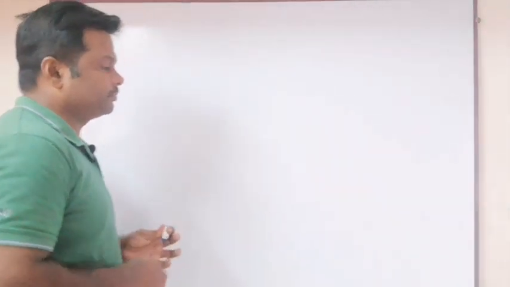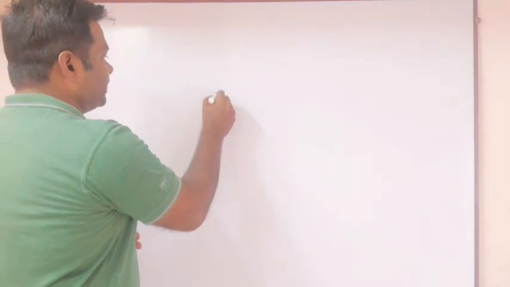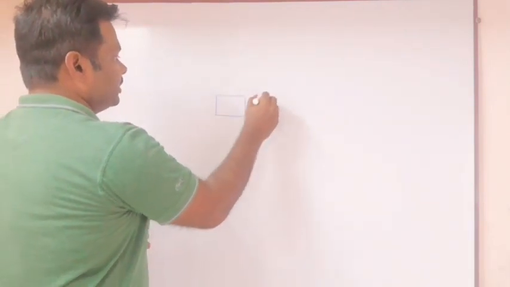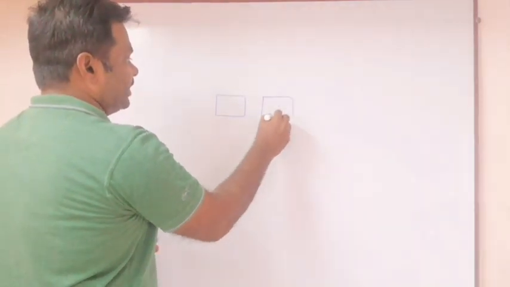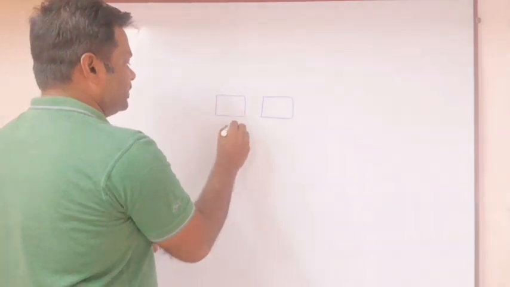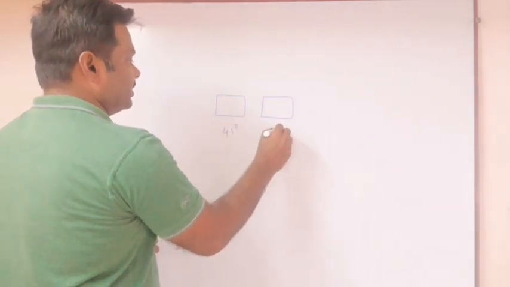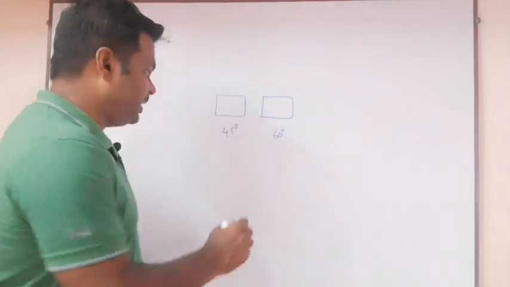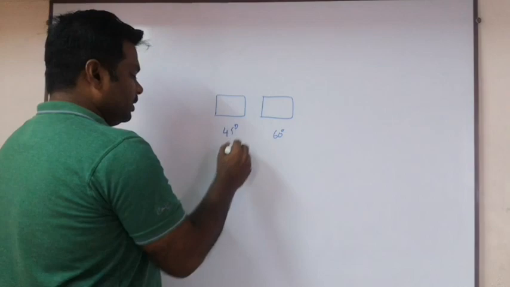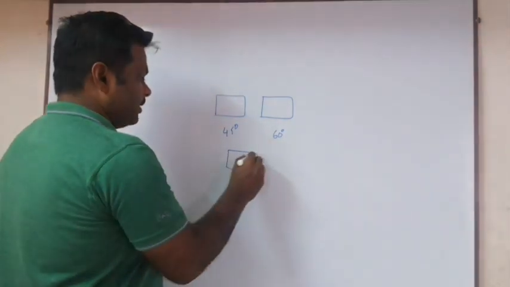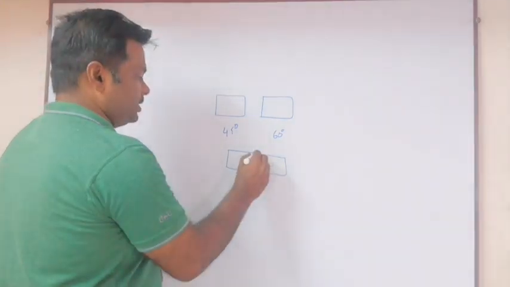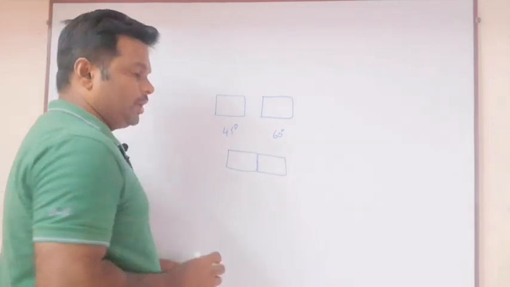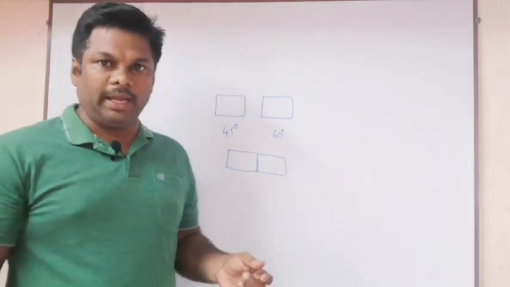Thermal equilibrium: if two objects are at different temperatures, that is 45 degrees centigrade and 60 degrees centigrade, and you make contact between these two, like this, this is the contact area. When you make contact, then what will happen?